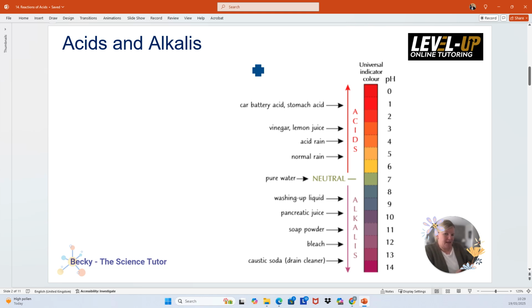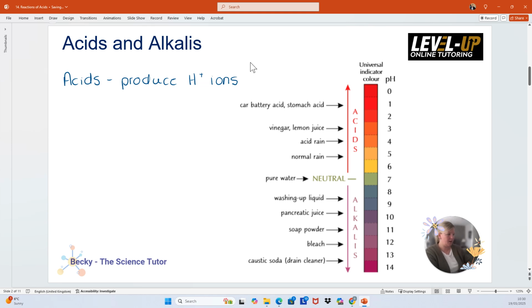So what is it that makes them acidic or alkaline? The key thing for acids is that they produce H+ ions. And the more H+ they produce, the more acidic they are.